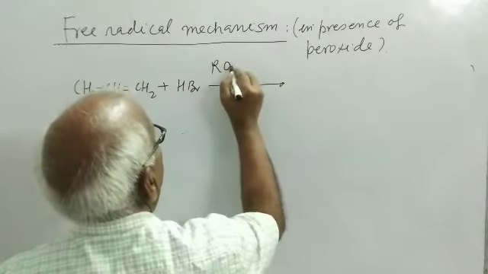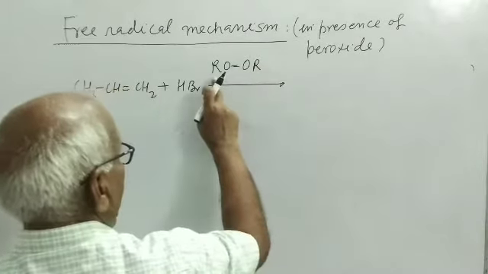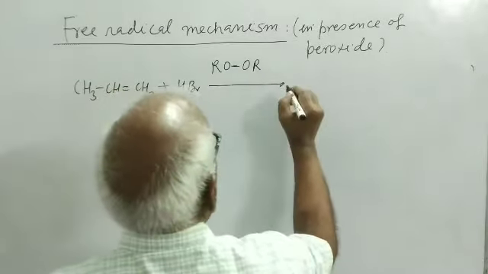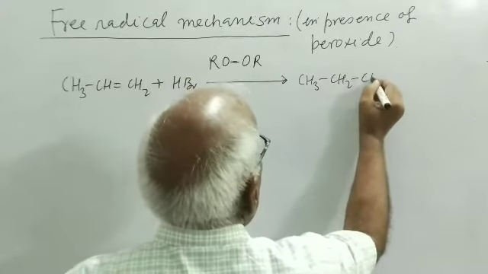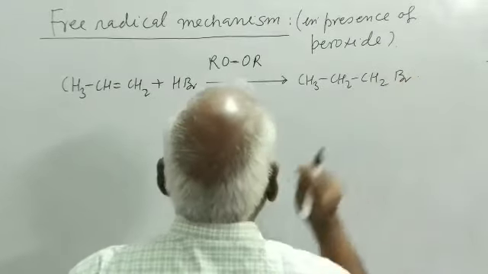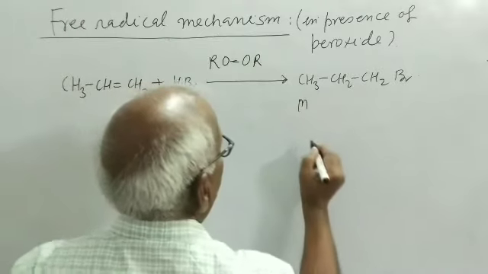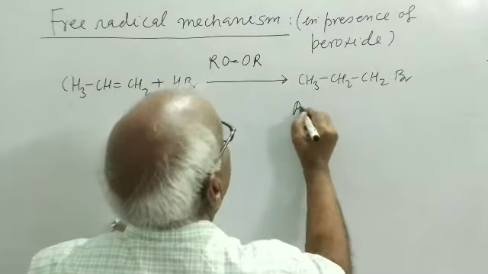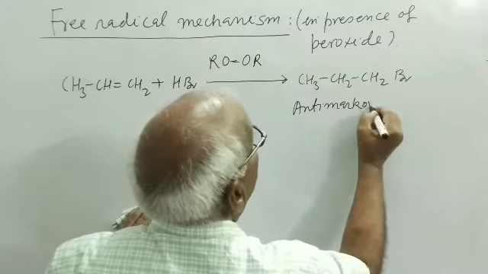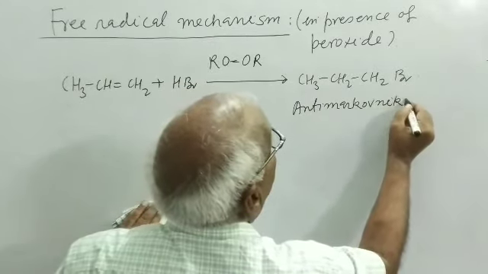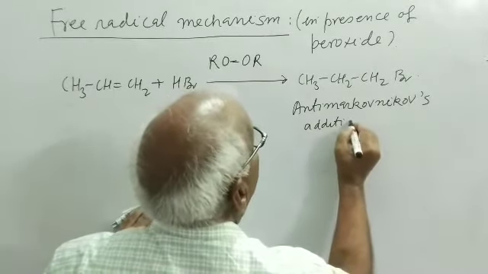Peroxide, say this is alkyl peroxide. Alkyl peroxide gives you CH3 CH2 CH2Br. This is the addition product, not Markovnikov, anti-Markovnikov addition product.